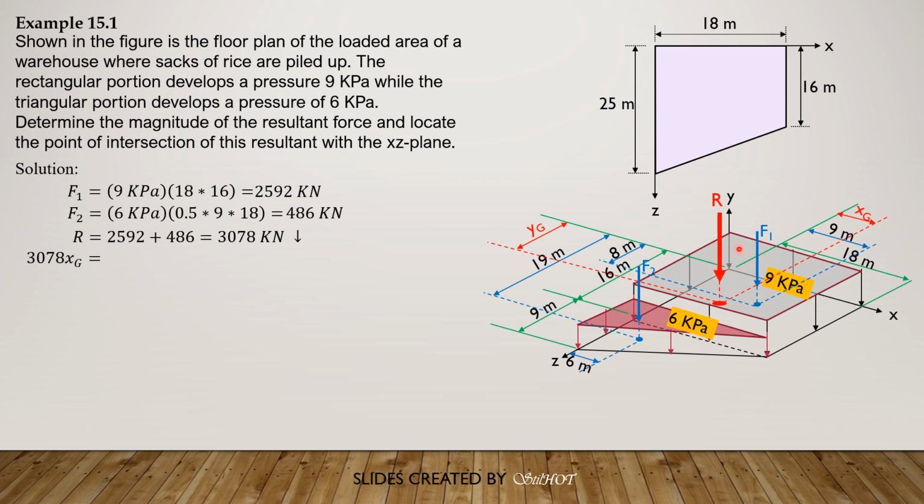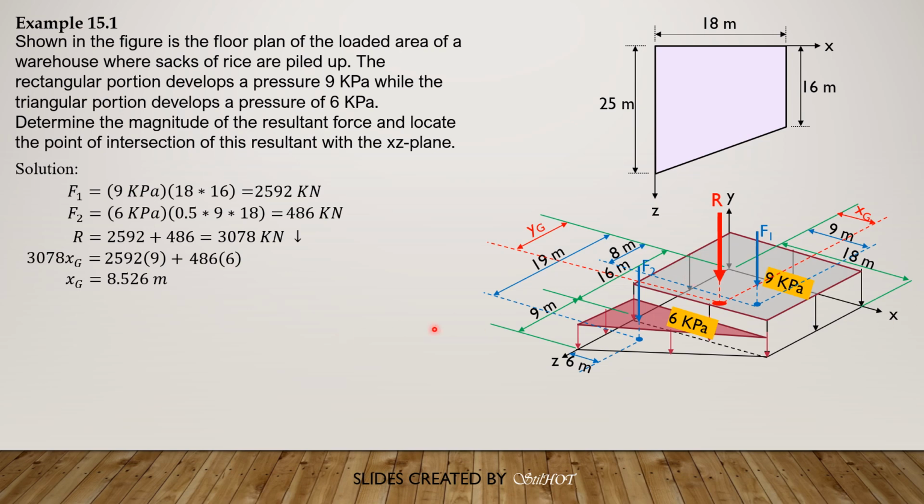Anyway, all the components will have the same moment as the resultant. So R is 3078, then x sub z times R is equal to the sum of the moments of its components. So it is 2592 times 9 plus 486 times 6. Solving for x sub z, x sub z is 8.526 meters.